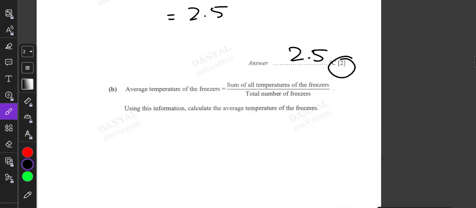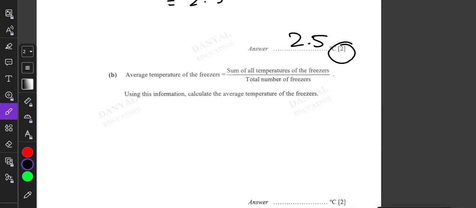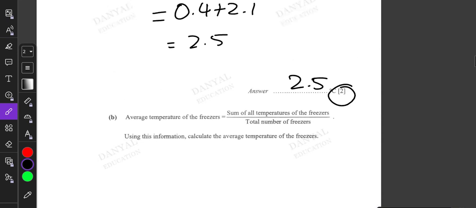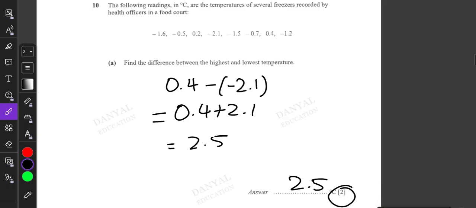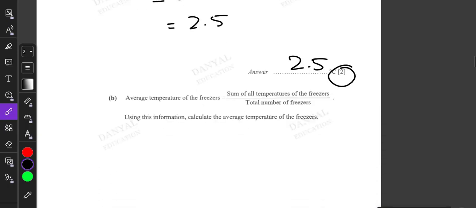Simple. Next, average temperature of the freezers is sum of all temperatures of the freezers over total number of freezers. Using this info, calculate the average temperature of the freezer. So these are all the freezers, the temperatures are all here.